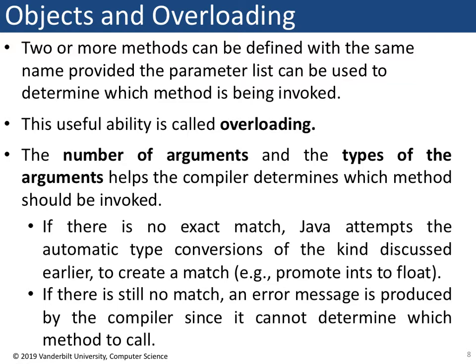Well, in this case, Java will try to promote those data types which it can, and it will again check to see if there are any methods which match. And if there are still no matches, then you will get an error saying that the compiler can't determine which method to use, which method is being called.